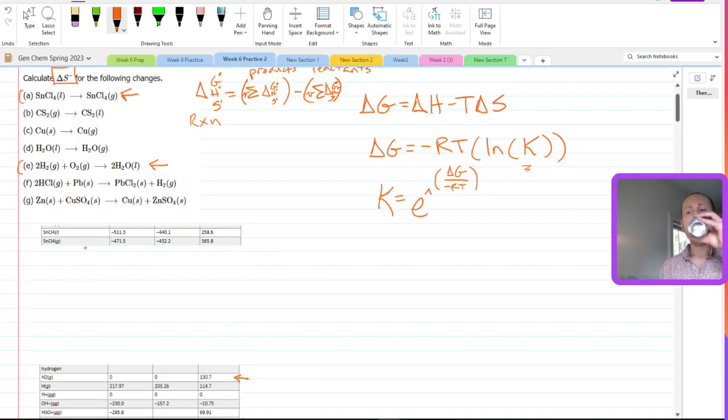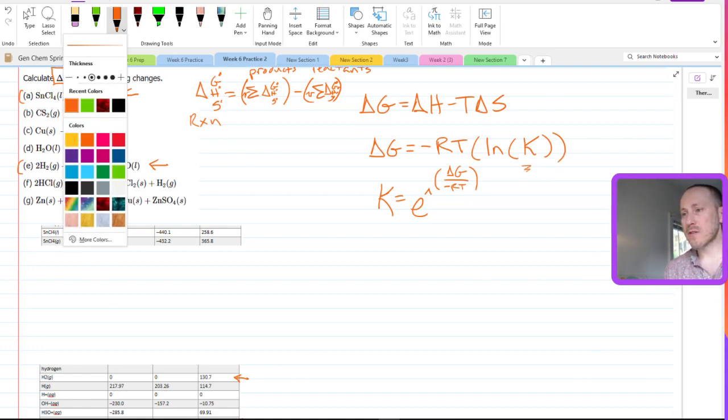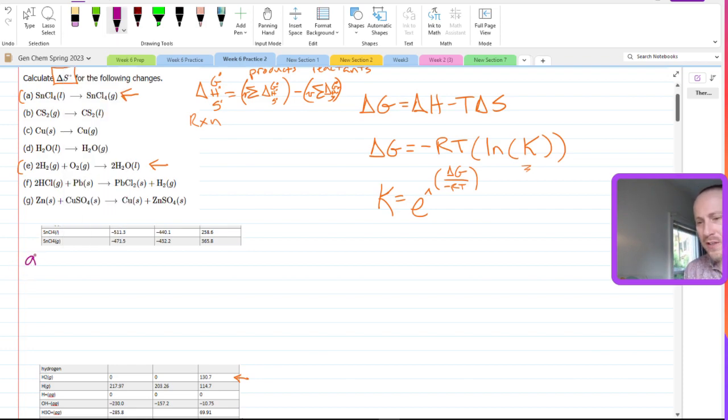So reaction A over here, change colors. Go for this bright purple. Reaction A, we have tin chloride as a liquid, so it's evaporating, it's boiling.